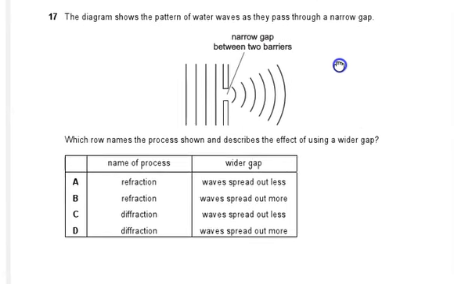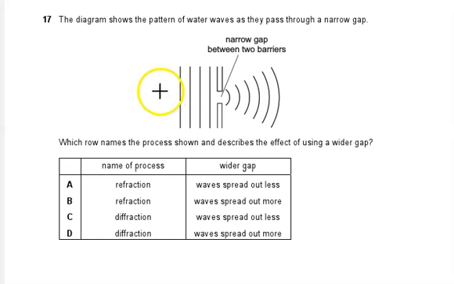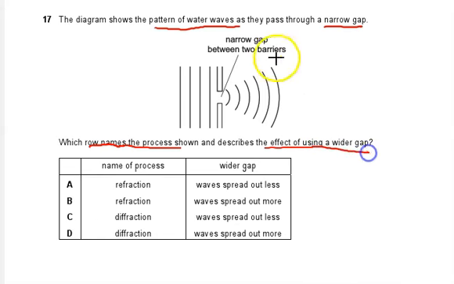For number 17, the diagram shows the pattern of the water wave as they pass through a narrow gap. So this is the narrow gap here. Which row names the process shown and describes the effect of using a wider gap? So if you're using a wider gap, what happens?